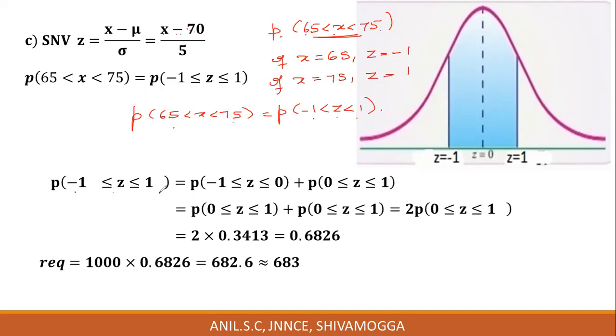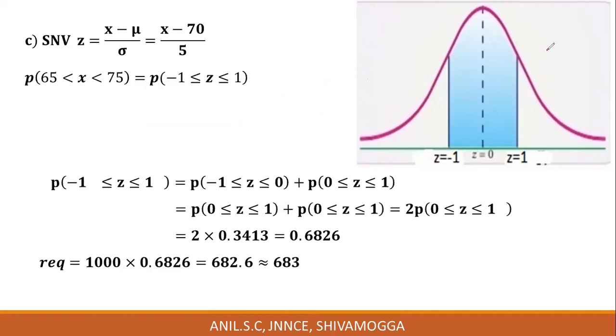Now mark this area where minus 1 is less than or equal to z less than or equal to 1. This side is half of the area under the curve and this side is half of the area under the curve. This is positive z and this is negative z. Z is equal to minus 1 comes somewhere here, and z is equal to plus 1 comes somewhere here.